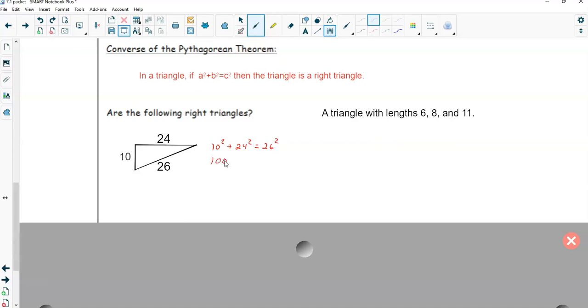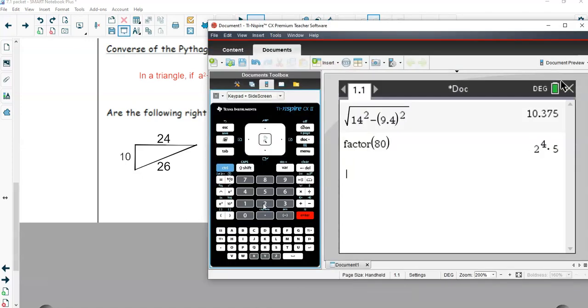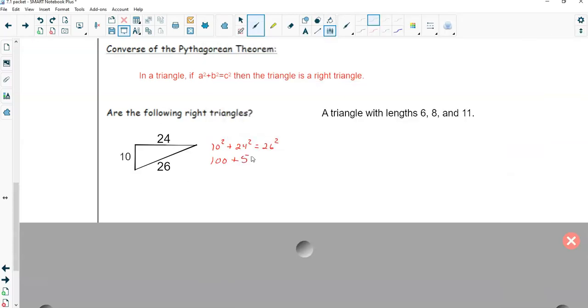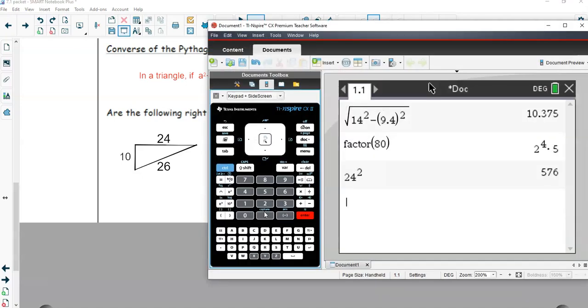Well, I know this is 100 plus 24 squared, that's 576. And then 26 squared, that's 676.